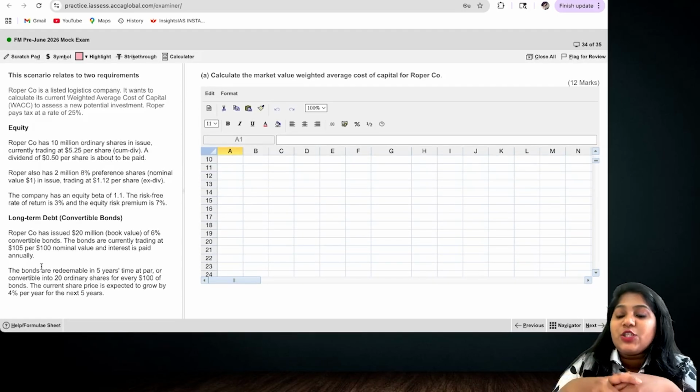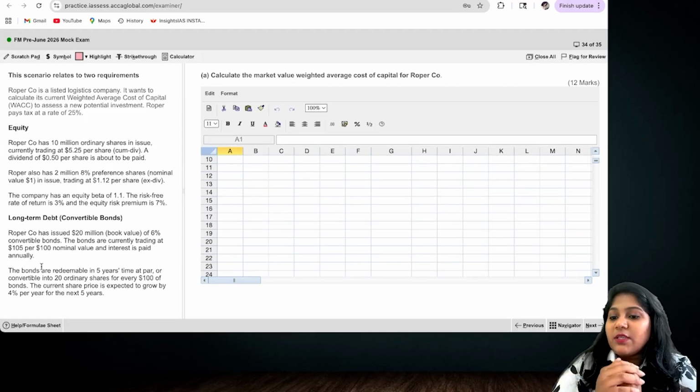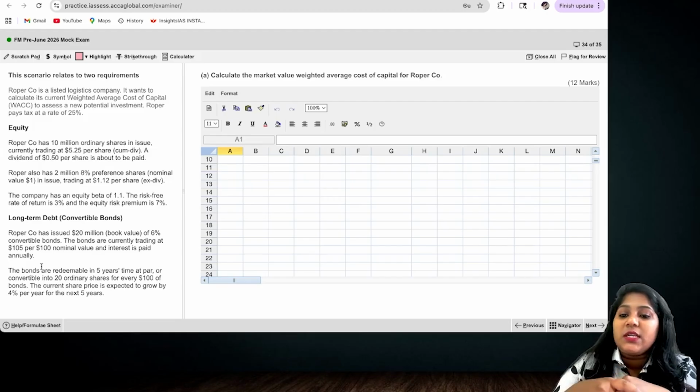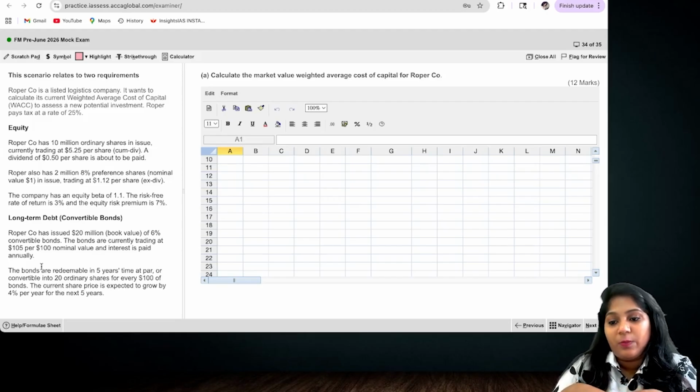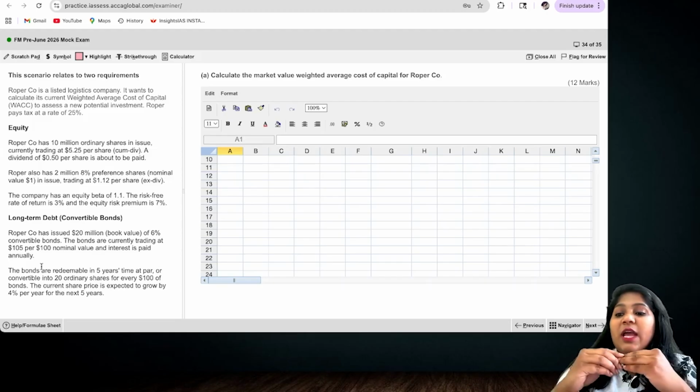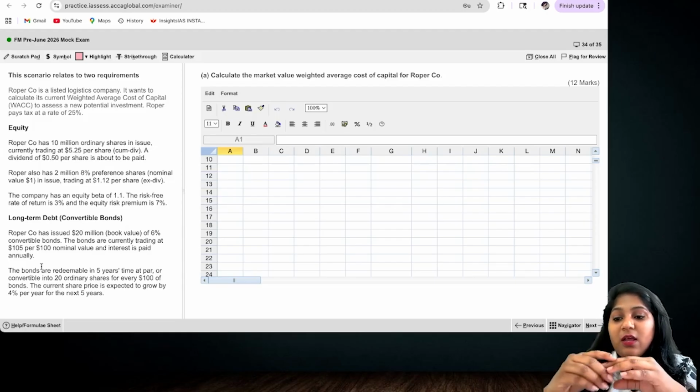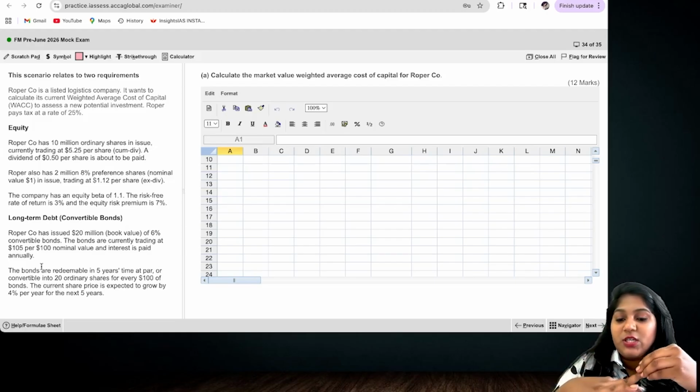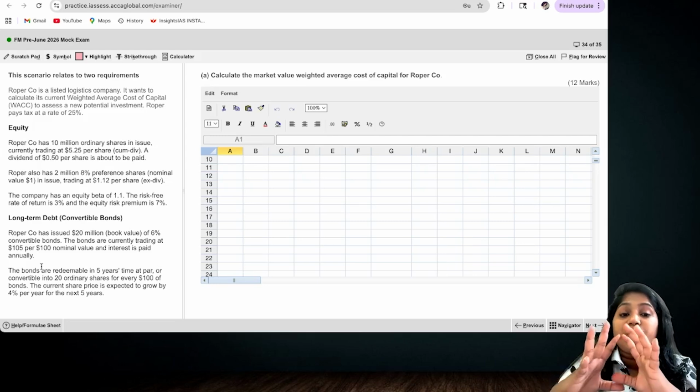Roper Company has issued 20 million book value of 6% convertible bonds. The bonds are currently trading at $105 per $100 nominal value. Interest is paid annually. The bonds are redeemable in 5 years' time at par. They are convertible into 20 ordinary shares for every $100 of bonds. The current share price is expected to grow by 4% per year for the next 5 years.